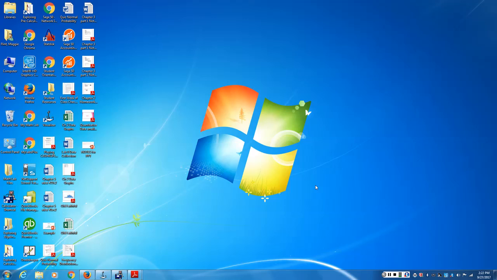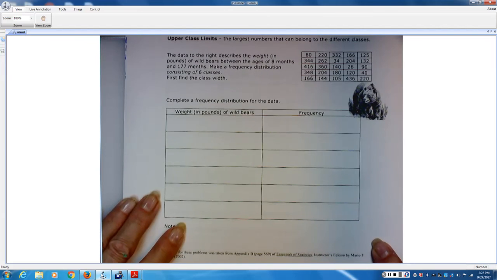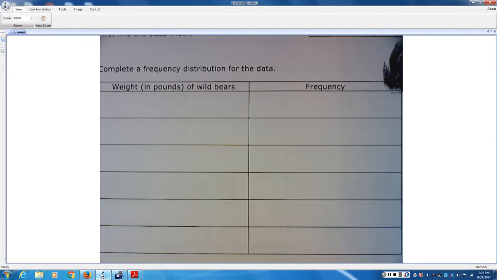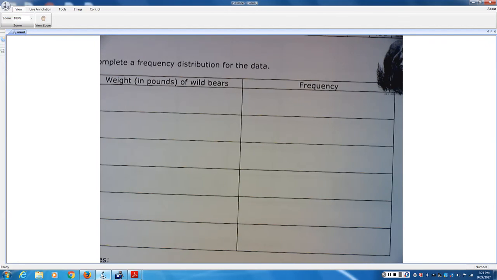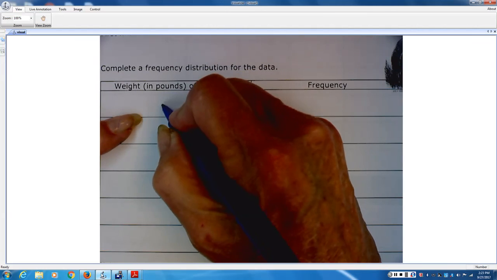Since there were 2 people that raised their hands, I want y'all to confer and make sure you agree. Because I'm going to ask you to give me your frequency table. What was your first class? Okay.